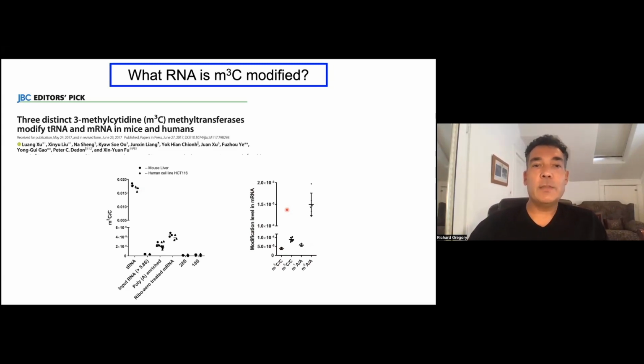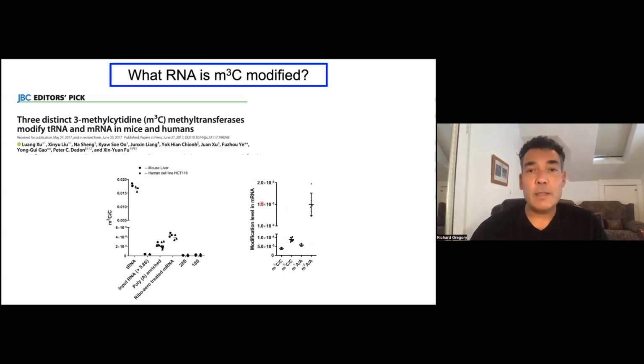So this raised the possibility perhaps M3C is very low stoichiometry across the transcriptome. That's one possibility for these results. Another is that it's perhaps high stoichiometry, but it's only occurring on a few genes, or the mRNAs from a few genes. Or thirdly, perhaps this is some background from contaminating tRNAs.